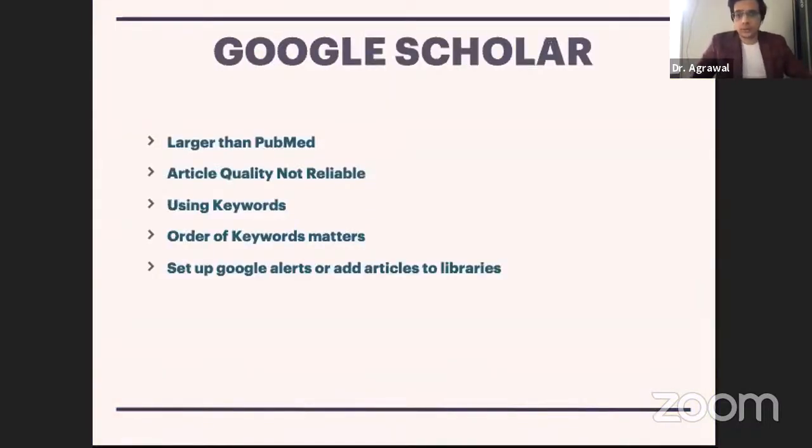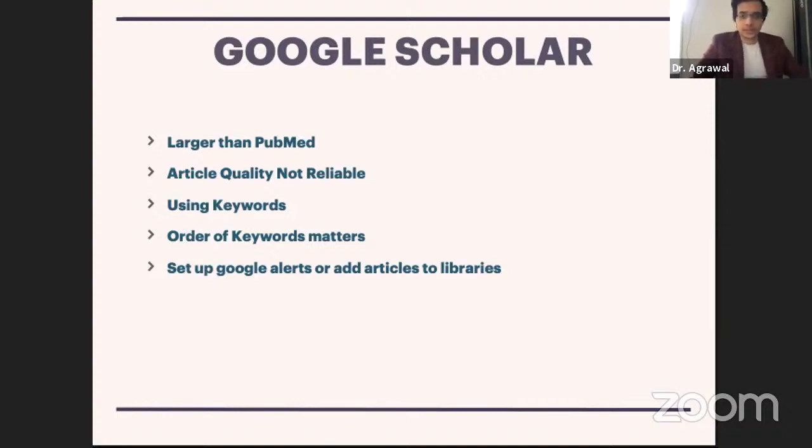The Google Scholar benefit I mentioned was that it is larger than PubMed. Article quality is not as reliable as PubMed, although articles that are indexed in PubMed would also be in Google Scholar. However, Google Scholar has articles from all over, all backgrounds and fields, including law, commerce, business, etc. And also a lot of journals which may or may not have stringent protocols to see whether the research is appropriate or not.